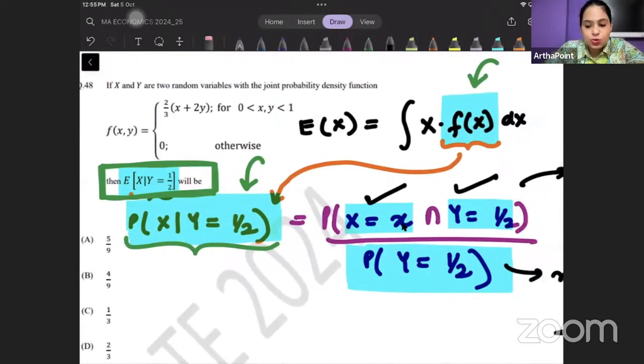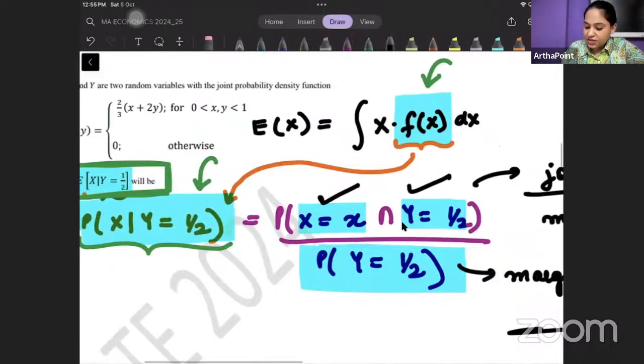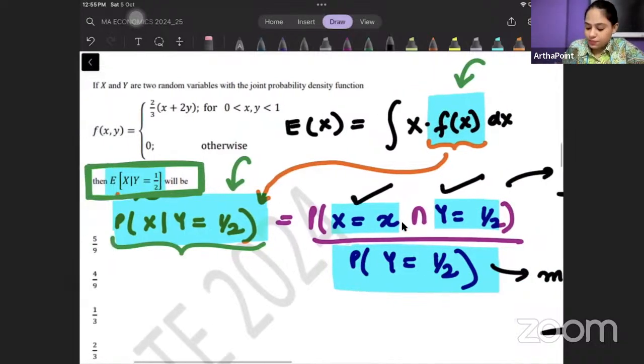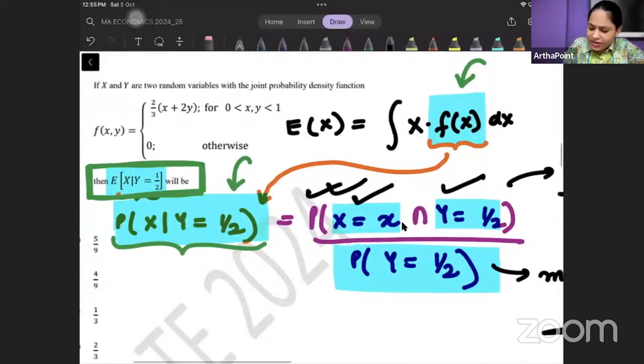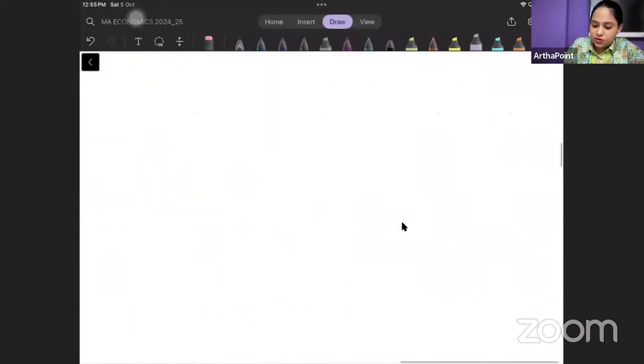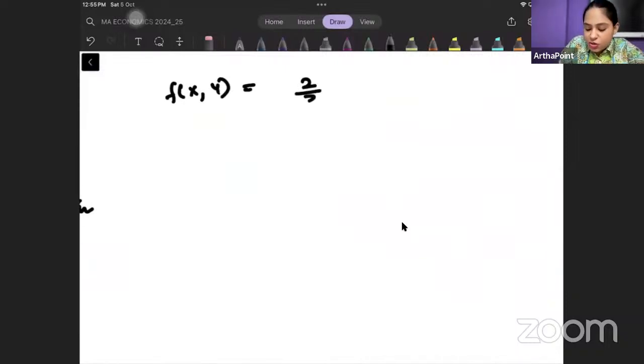Okay. Now if I ask you, find the numerator for me. Find the joint distribution for me. So joint distribution तो already I am given here. What is the joint distribution given to me? So my joint distribution f of xy, this is given to me as 2 by 3 (x plus 2y).